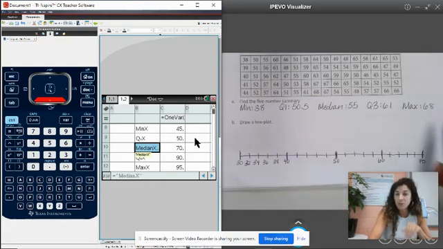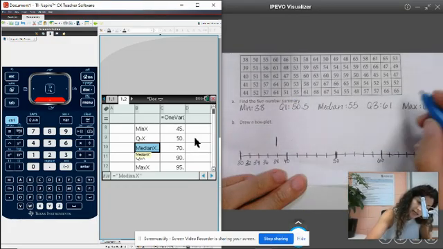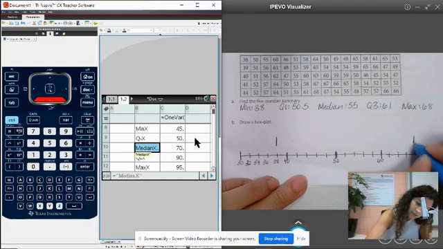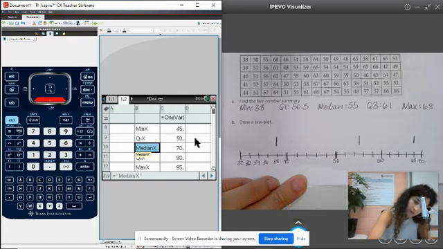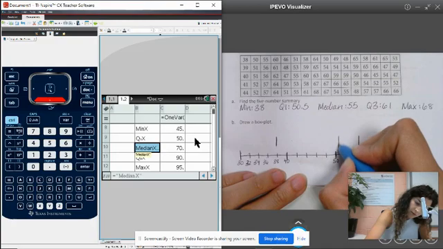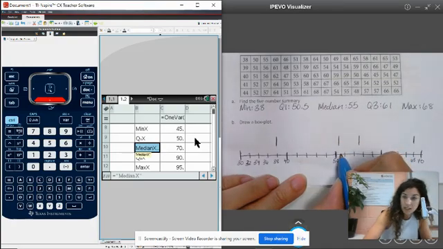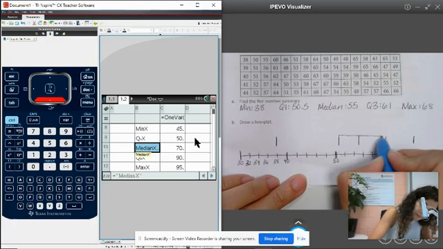Now I need to go and put in lines for all of these. So at 38, I need to put a line. At 68, I need to put a line. At 55, I need to put a line. At 50.5, I need to put a line. 51 would be here, so then halfway between 50 and 51 is 50.5, and then 61, put a line.